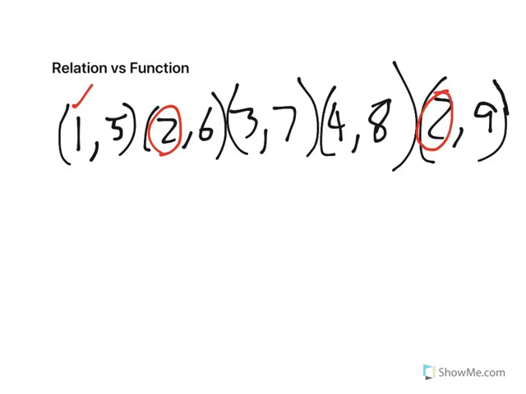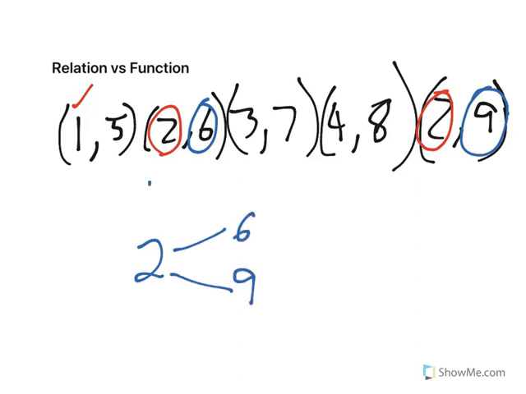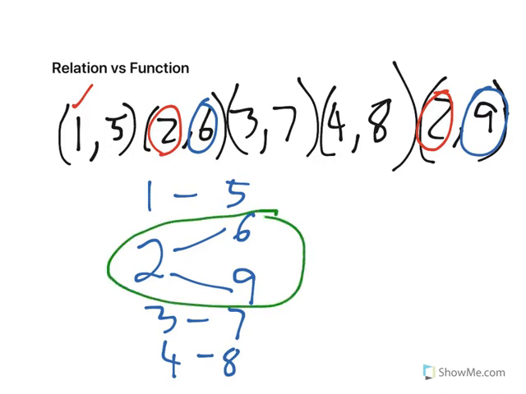So for x equals 2, y is equal to 6 or to 9. So the value of 2 can go to 6 or to 9. But 1 is 5, 3 is 7, 4 is 8. But it's this one right here. X value of 2 has two y values. Therefore, that is not a function.